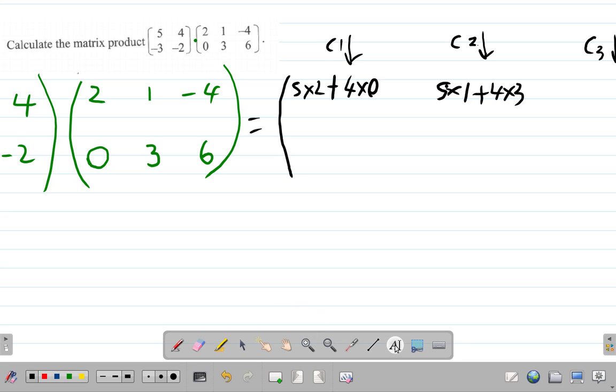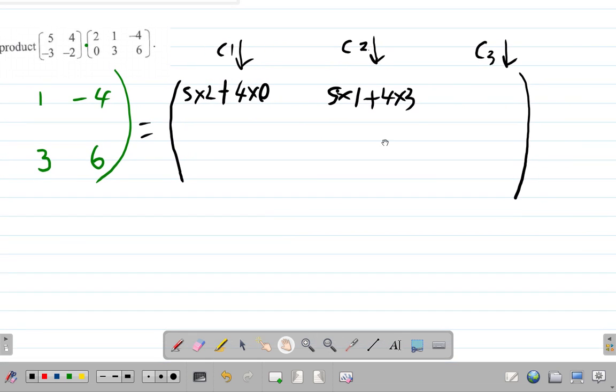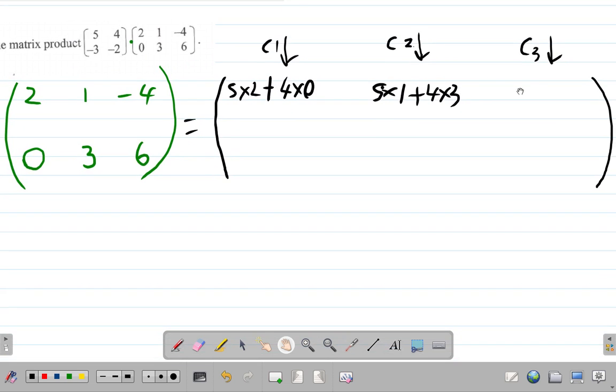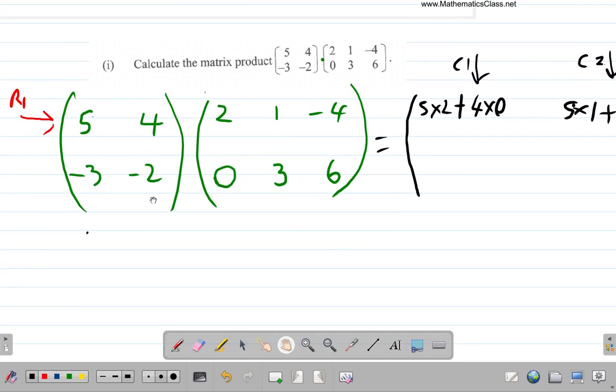Next, we're going to write what we are supposed to write here in column 3. Let me erase this bracket and put it out a little further, giving ourselves some more space. This is row 1 and column 3, so we multiply row 1 by column 3. This is column 3, going down this way.